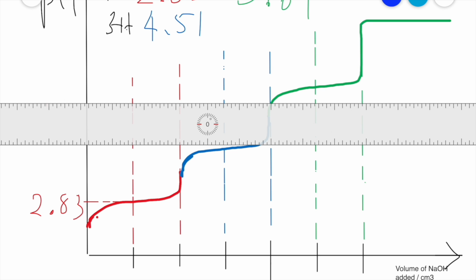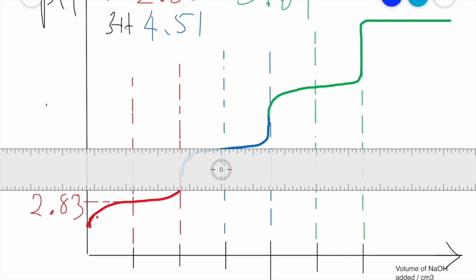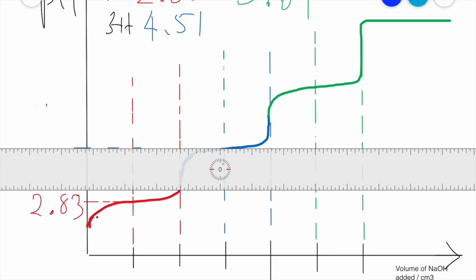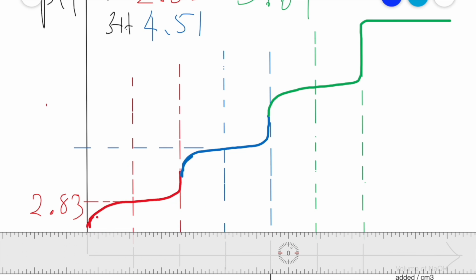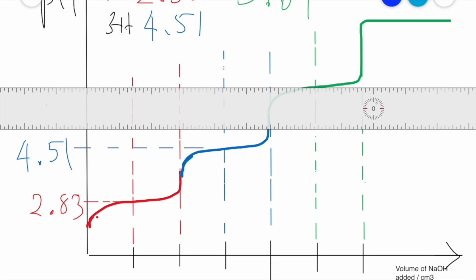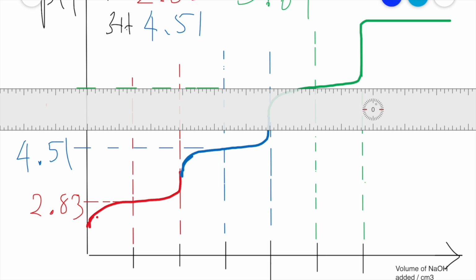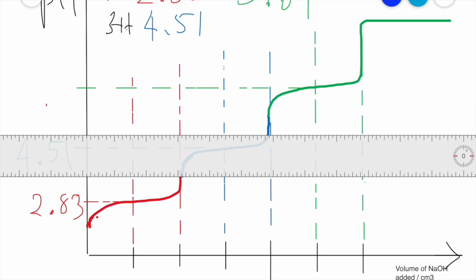So 2.83. Threes are the most challenging number to write on an iPad, by the way, with your finger. It's a difficult hand motion. This one will be 4.51. Okay, and this last one is going to be 5.69.